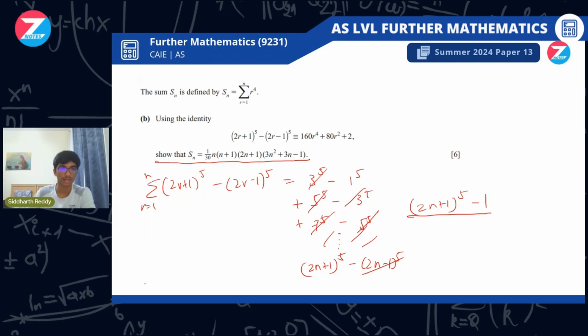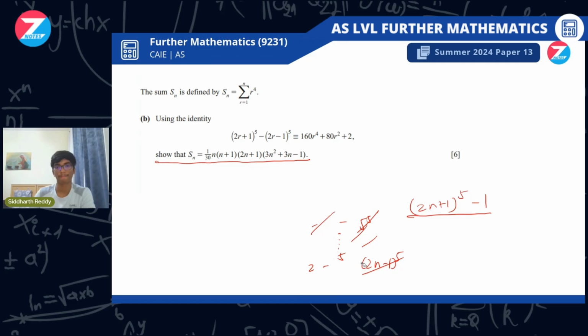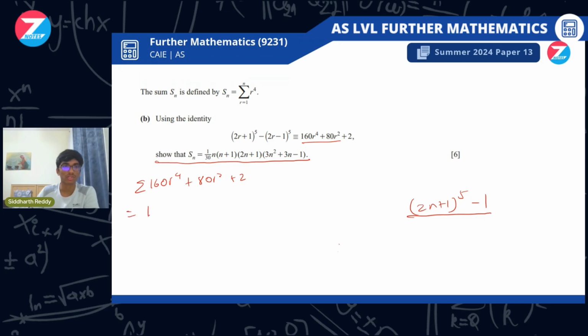Now let's check our right hand side. Okay, so on the right hand side we have the sum of 160r^4 plus 80r^2 plus 2. So this is just going to be 160 times the sum of r to the power 4, which is what we're trying to find, plus 80 times the sum of r squared.